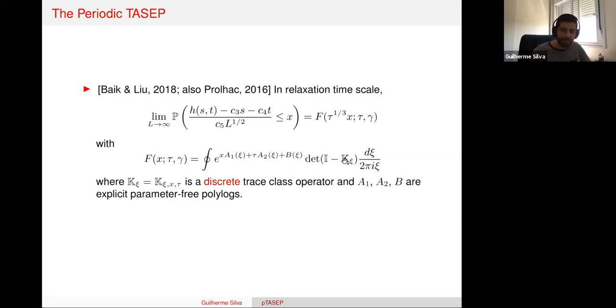So all the parameters are involved. And to some extent, it's a little bit of a complicated operator. But they obtained the formula. The formulas of Baik and Liu and Prolhac were somehow different, but recently Prolhac showed their equivalence. Nevertheless, it's sort of a complicated formula, and at that point, they didn't study the distribution itself.